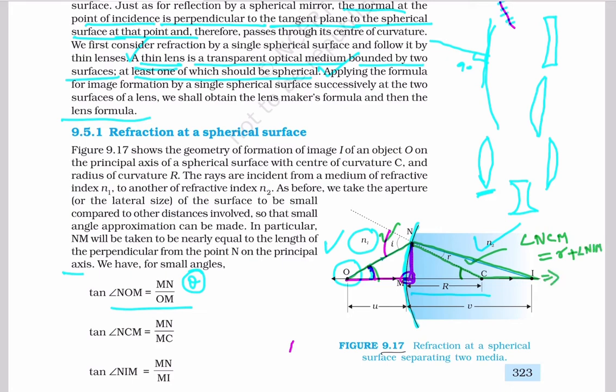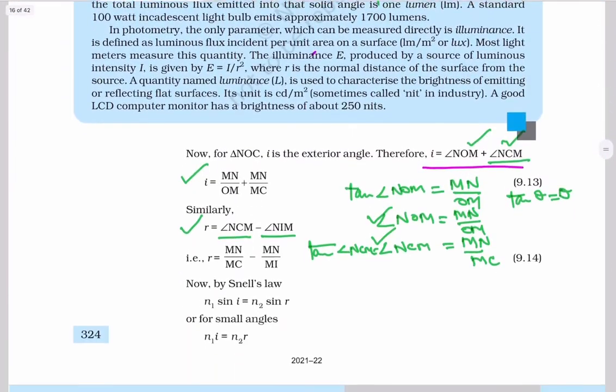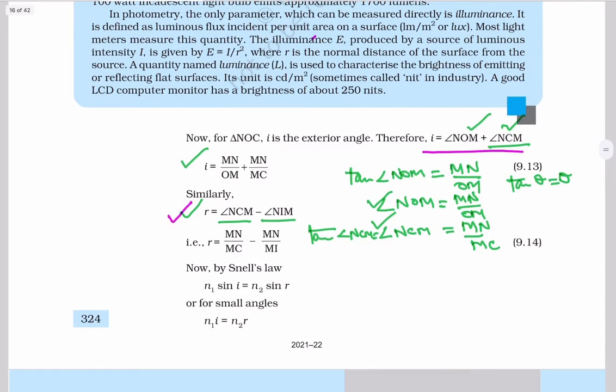This implies that R is equal to angle NCM minus angle NIM. So we will use this relation here, and hence angle R is equal to MN by MC minus MN by MI, applying the principle of tan theta is equal to theta for small aperture.